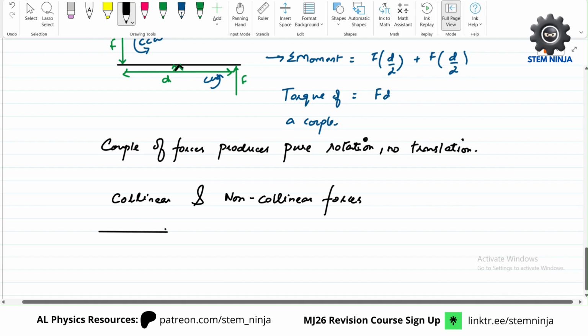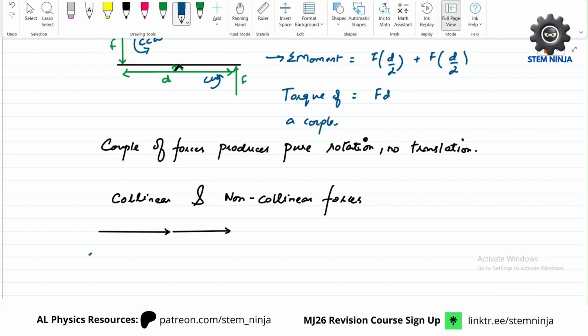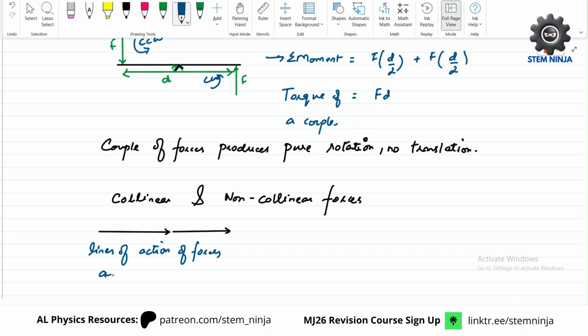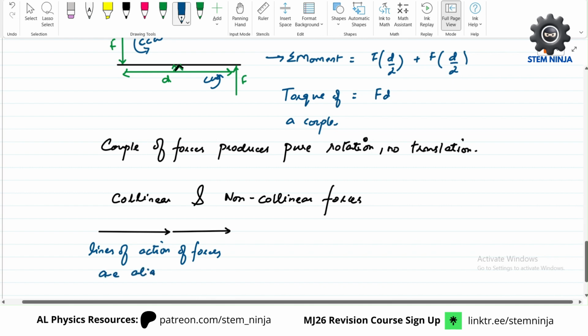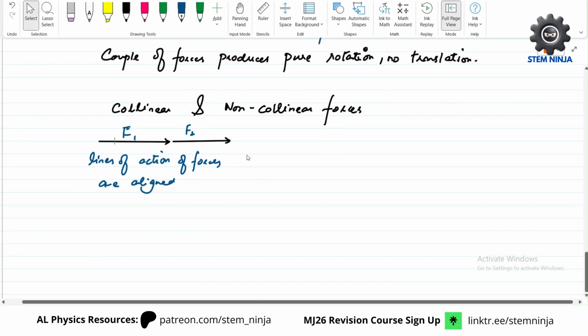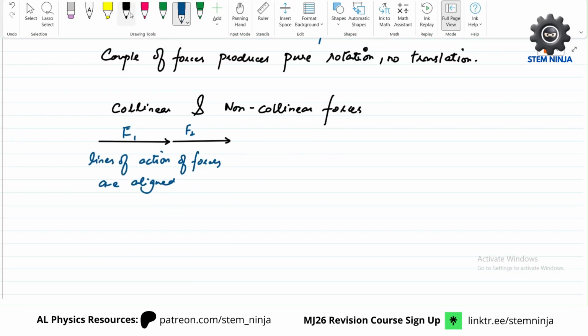Collinear forces are those whose lines of action are aligned. That means we can add them right away, whether they're opposite to each other or going in the same direction.